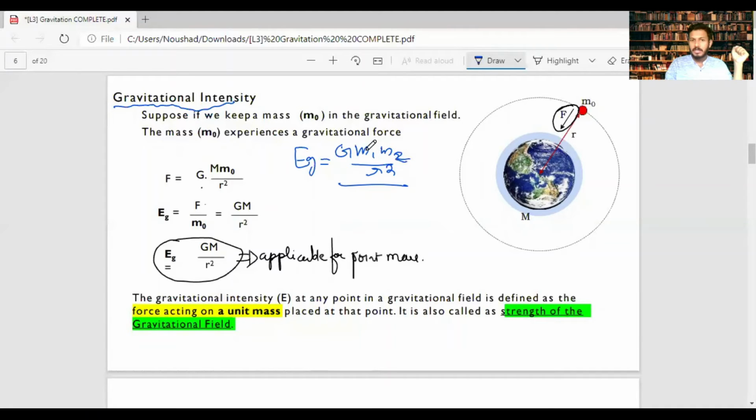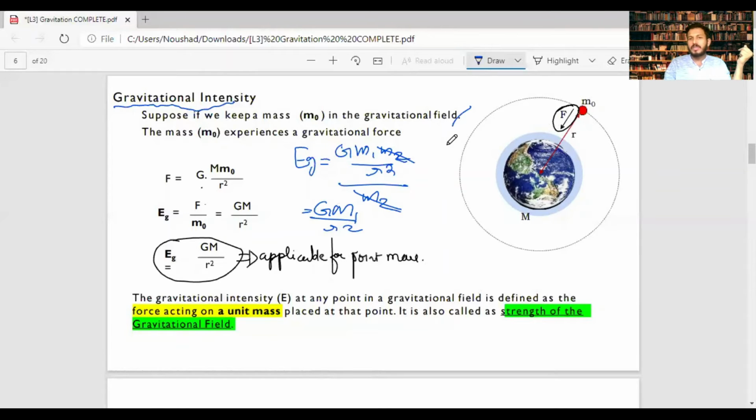I am placing m1 at its place, that is the parent mass, and I am taking m2 into the field of m1. So for unit mass, how can I calculate the force? Divide with m2. M2 gets cancelled. So the equation is G m1 by r square.